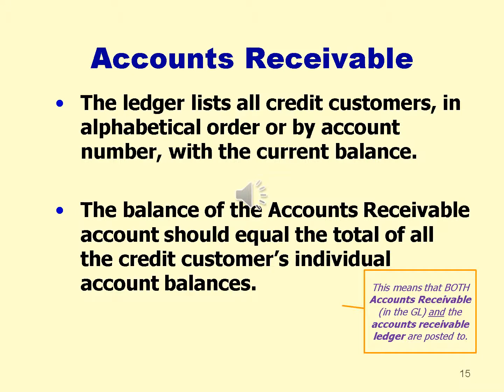The ledger lists all the credit customers, the details of the sales made to these customers, and their current balance. So, it's necessary when you post the accounts receivable that you also post to this subsidiary ledger, also known as the accounts receivable ledger.